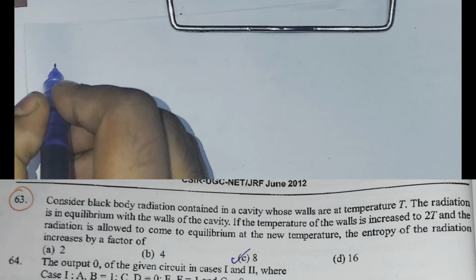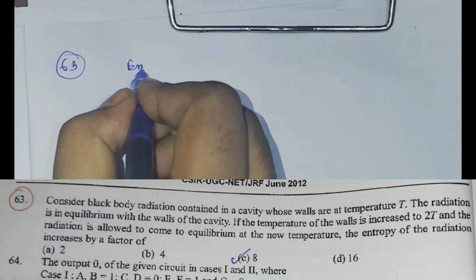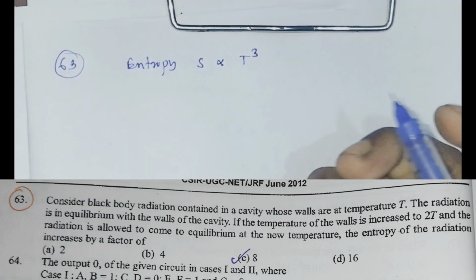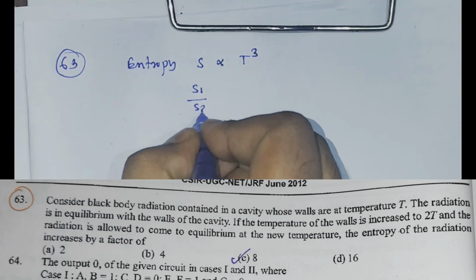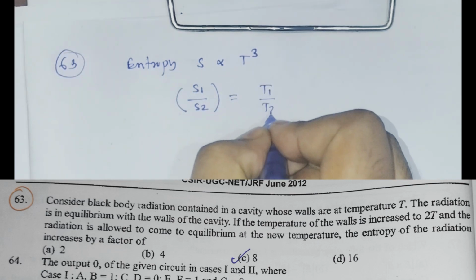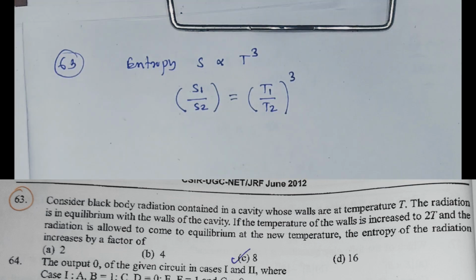In black body radiation, entropy S is proportional to T cubed. From here I can write S1 by S2 equals T1 by T2 whole cube, because S is directly proportional to T cubed. The temperature is given.